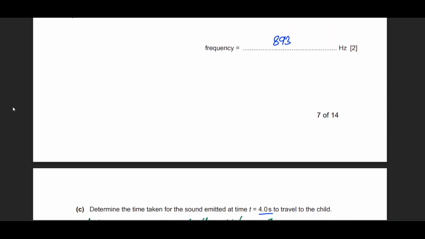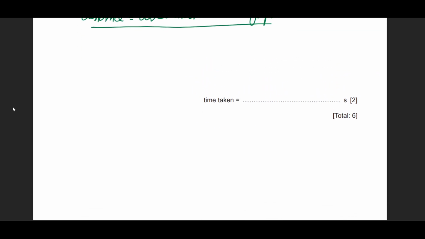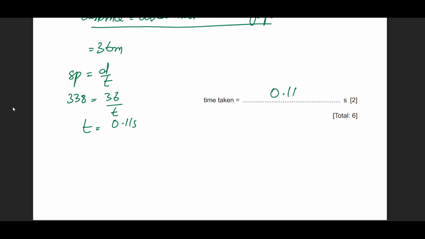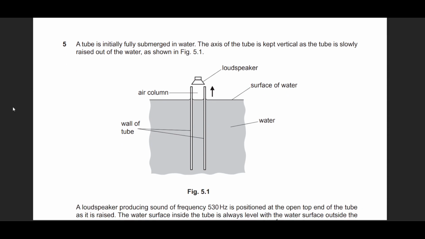When you add all of them together, the total area or the total distance is found to be 36 meters. Now to find time, we have speed equals distance over time. So speed is 338, distance is 36, time is what we need to find out. So time comes out as 0.11 seconds. So it takes 0.11 seconds for the sound to come back from this toy car to the child.